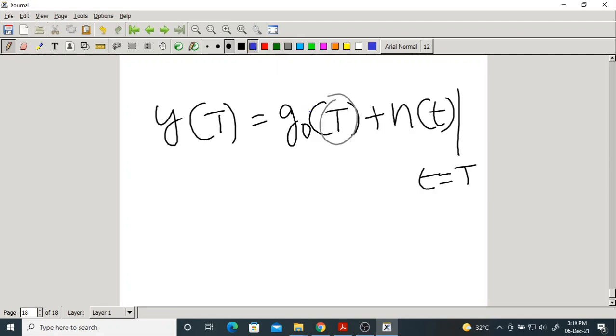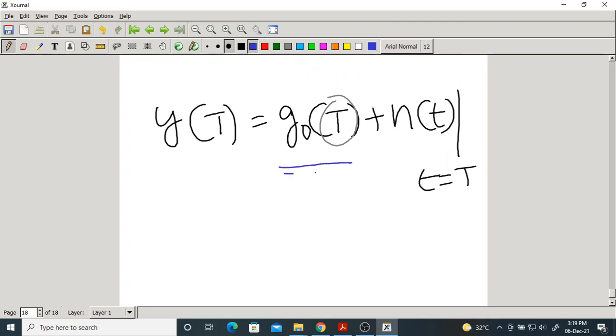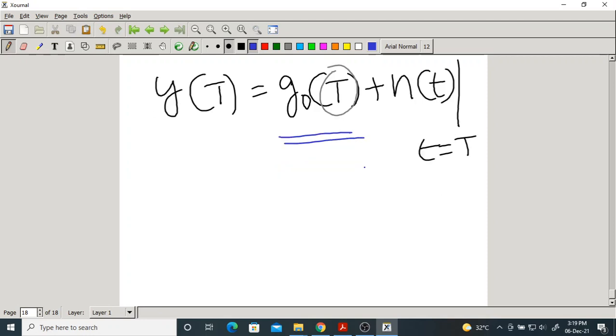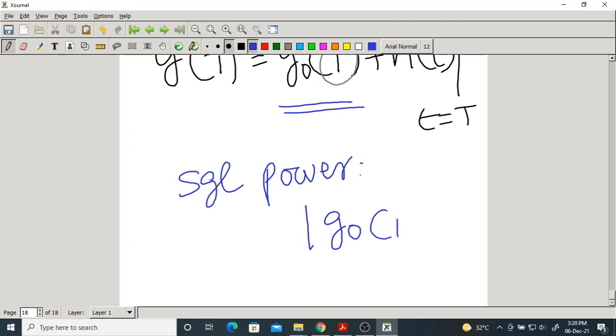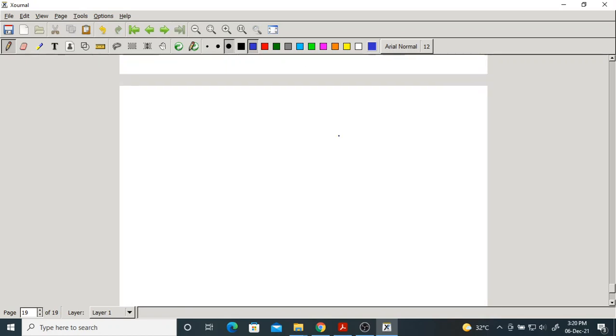Now here I am not dealing with noise. Let us say noise is 0. So what is the signal part? G naught of t. So what is signal power? Signal power is mod G naught of t whole square. I am doing signal power and noise power separately.